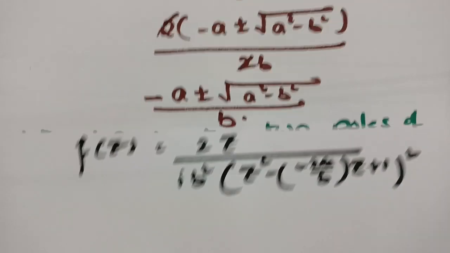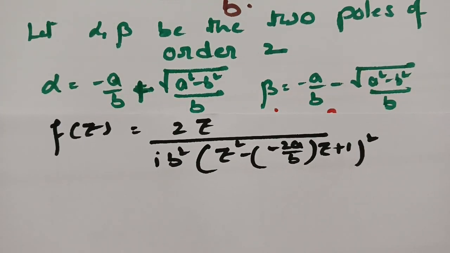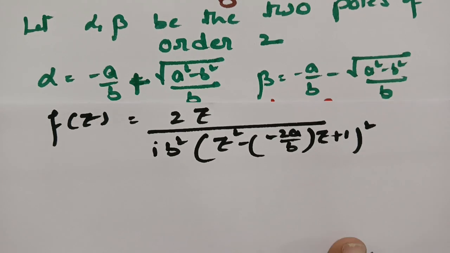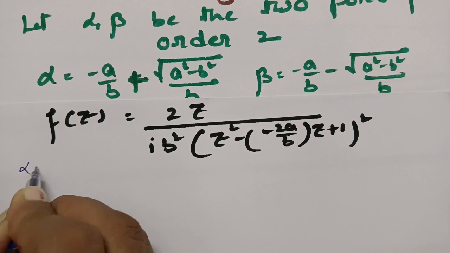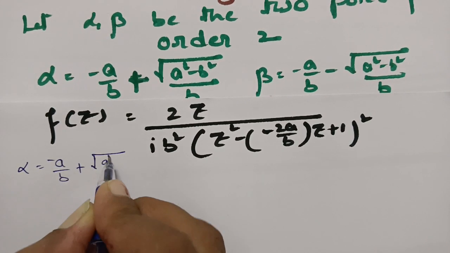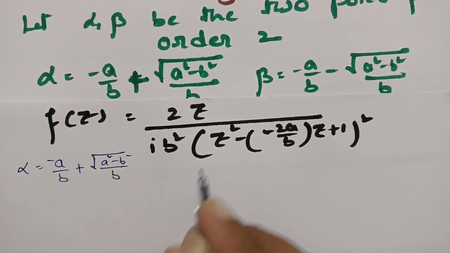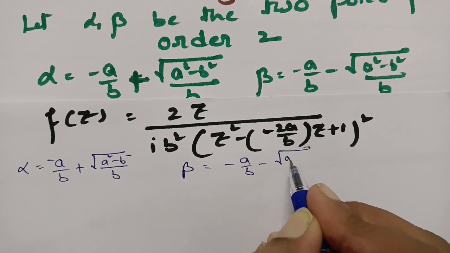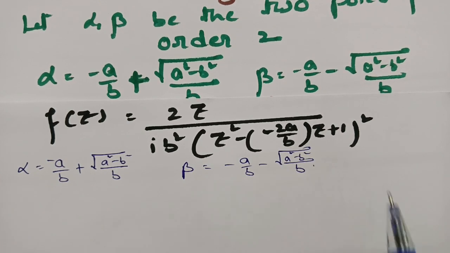Now what is our alpha and what is our beta? Alpha is equal to minus a by b plus root over a square minus b square by b, and beta is minus a by b minus root over a square minus b square by b.